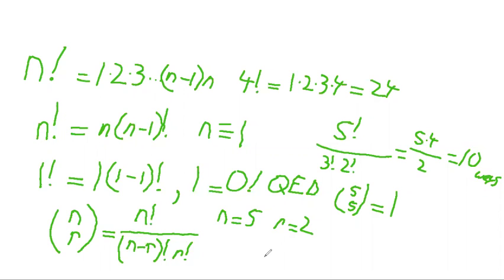I'll write it right underneath so you guys can see what I'm talking about. You would have 5 factorial over 0 factorial right there. I'm just making sure you see that the formula corresponds to what you know has to be true.